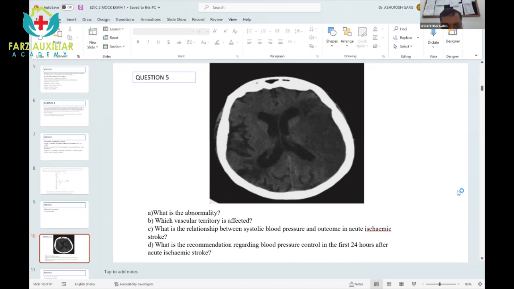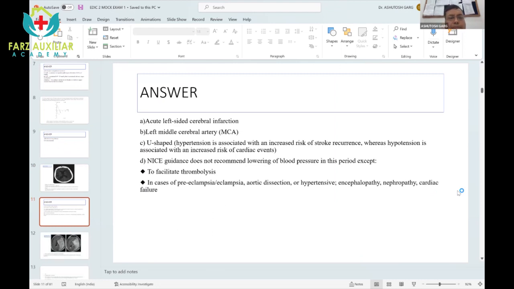Okay. So what is the recommendation regarding blood pressure control in the first 24 hours? In the first 24 hours, as you have mentioned, 15% of the mean arterial pressure. Yes. In a case of acute left middle cerebral artery infarction, there is a U-shaped relationship: hypertension is associated with increased risk of stroke recurrence, whereas hypotension is associated with increased risk of cardiac events.